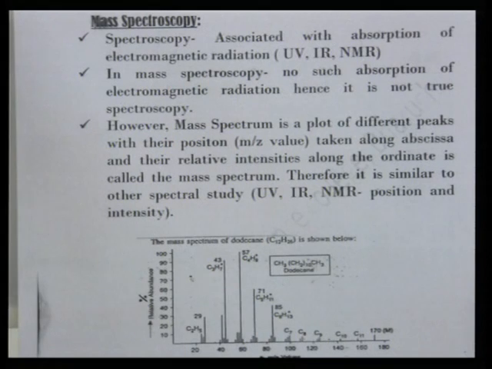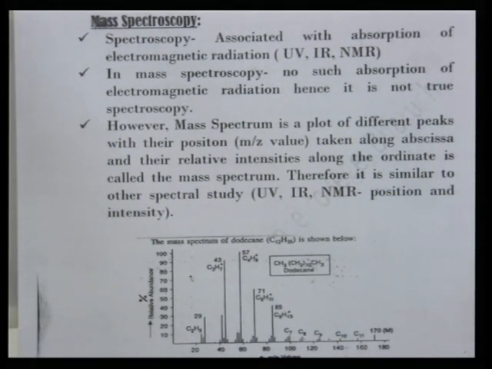Each group has a number of peaks, so it is a cluster of peaks. The last cluster is the molecular ion group, from which the molecular ion peak is detected. Similarly, the highest peak in the mass spectrum is known as the base peak, and from that we can get information regarding the molecular structure of the compound.